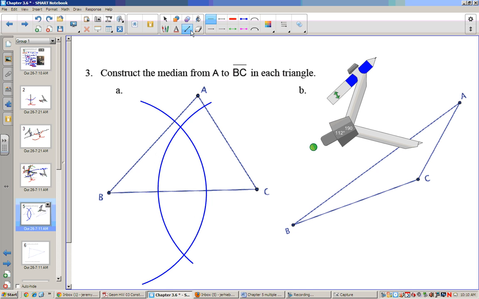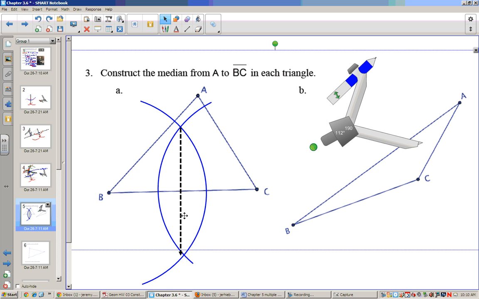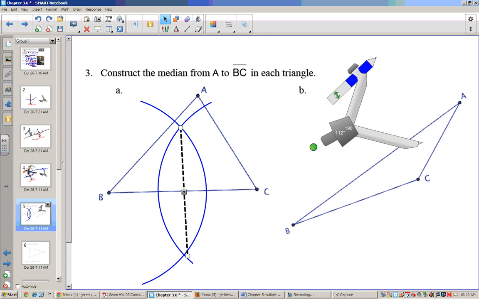So the middle of this line that I can draw between these points looks like that. So this right there is the middle. Now I'm just going to draw a segment from A to that point. And this segment here, the dark segment, is called the median.